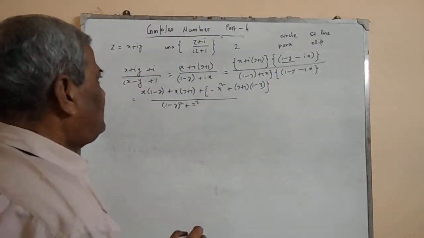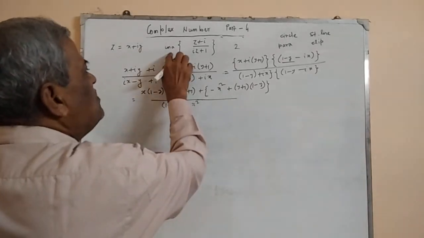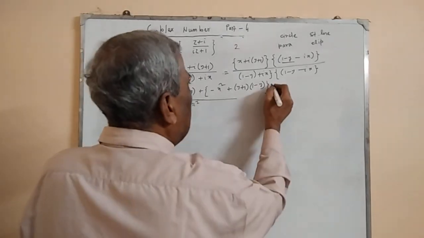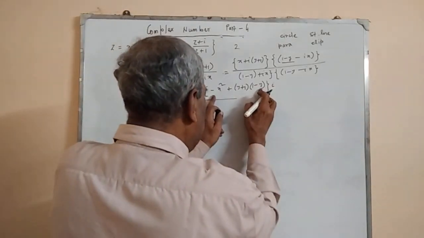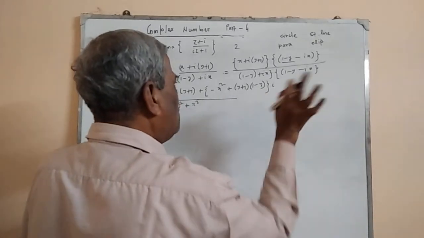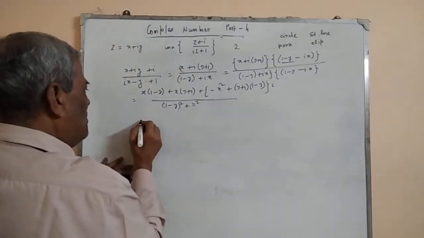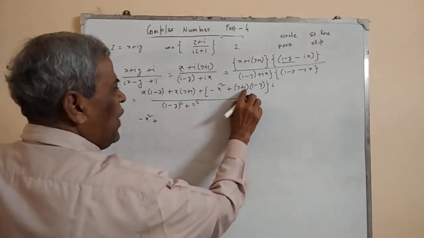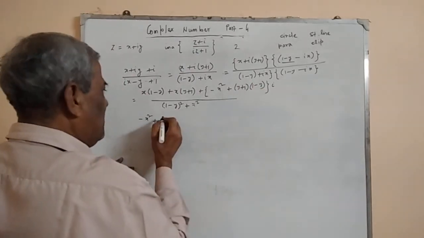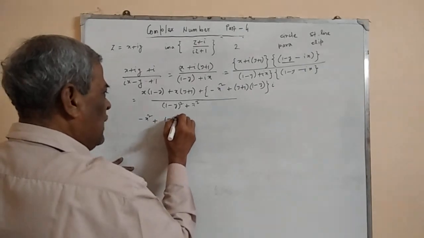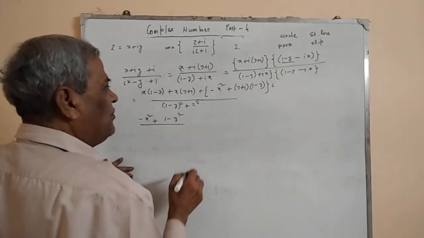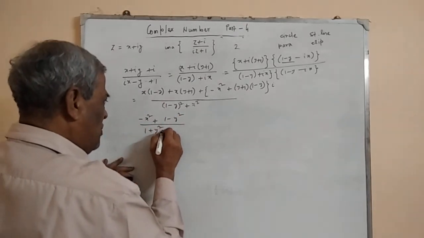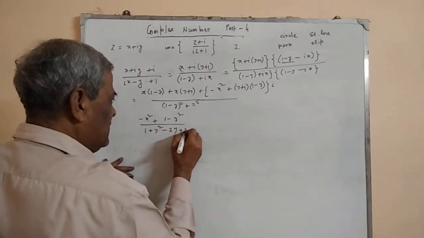So given that the imaginary part of that is equal to 2, the imaginary part means this thing divided by that thing is equal to 2. So we get minus x square plus 1 plus y into 1 minus y plus 1 minus y square, divided by this thing, 1 plus y square minus 2y plus x square.